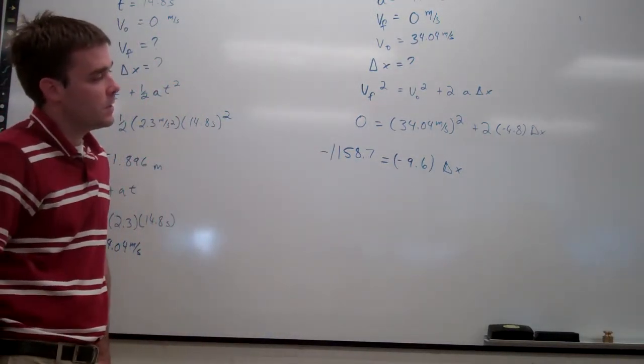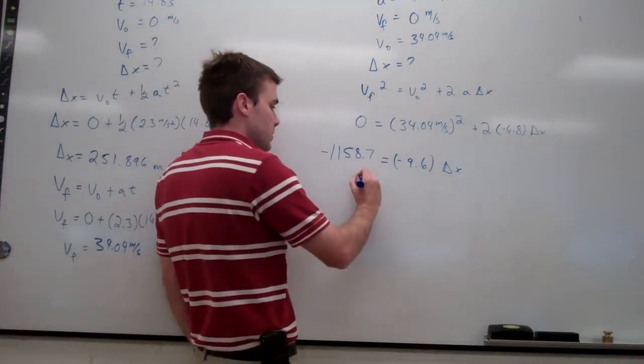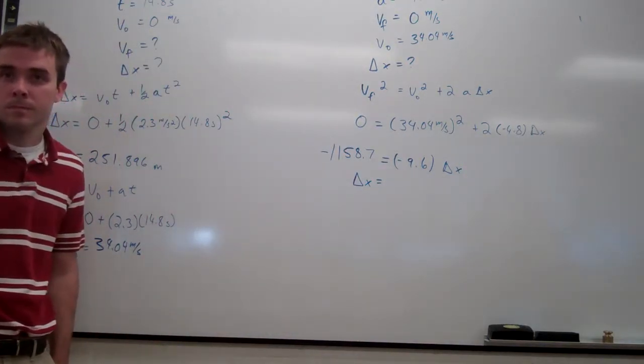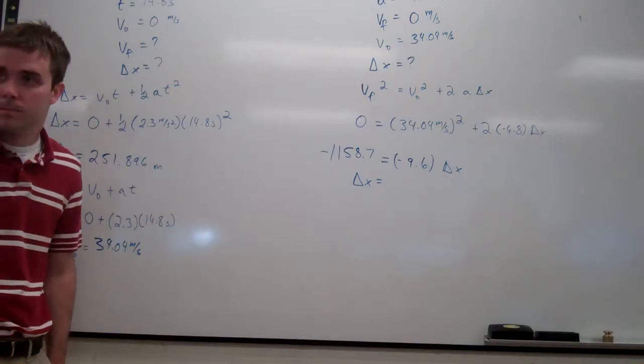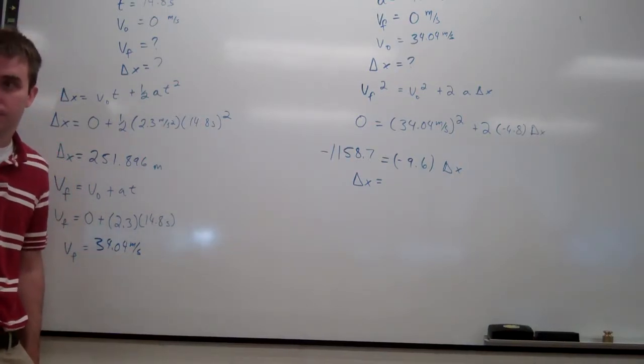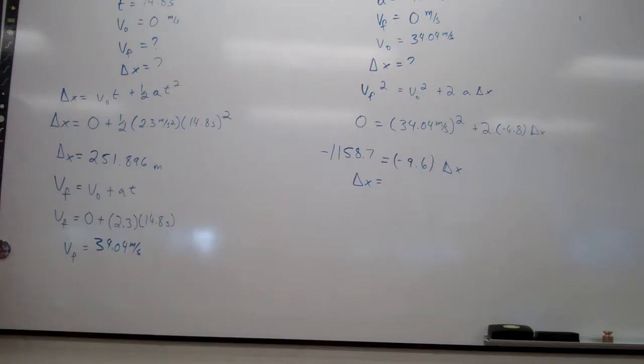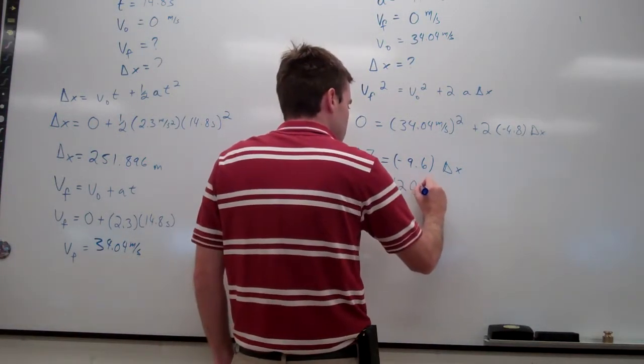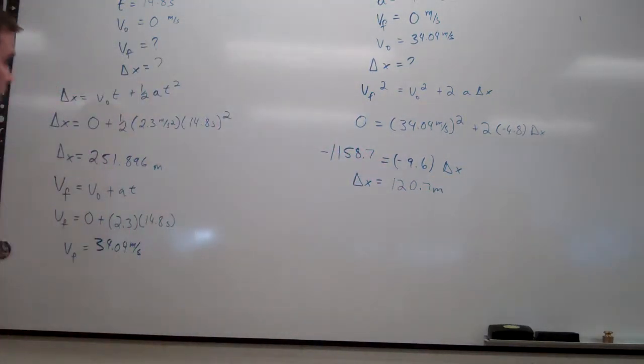So now we divide both sides by negative 9.6, and what do we get for delta x? 120.7 meters. 120.7 meters. Alright, so what's our last step going to be?